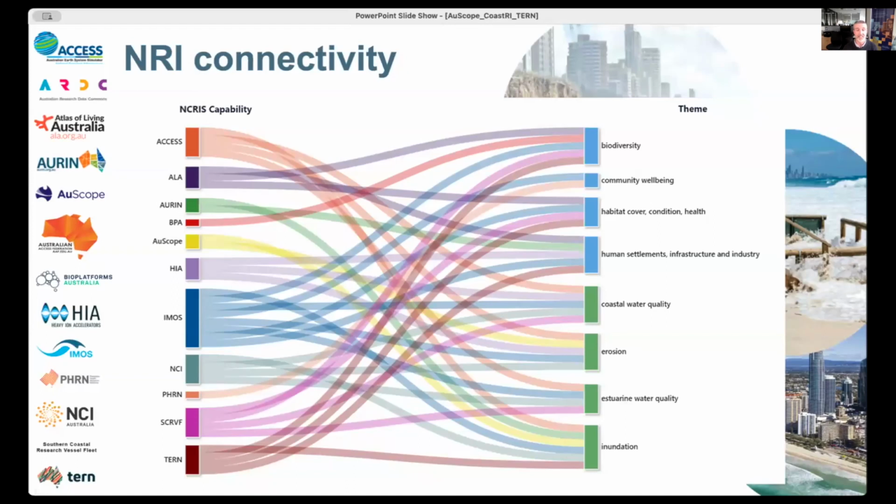It's a bit of a spaghetti diagram, but it shows the immense capability that already exists and the way that we're going to have to collaborate to make any meaningful impression on collecting these integrated data sets for coastal monitoring.